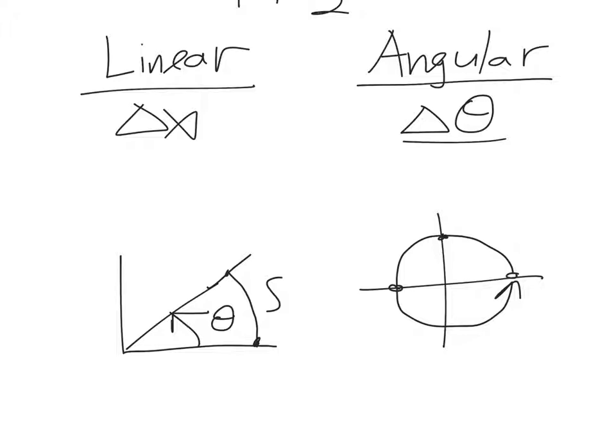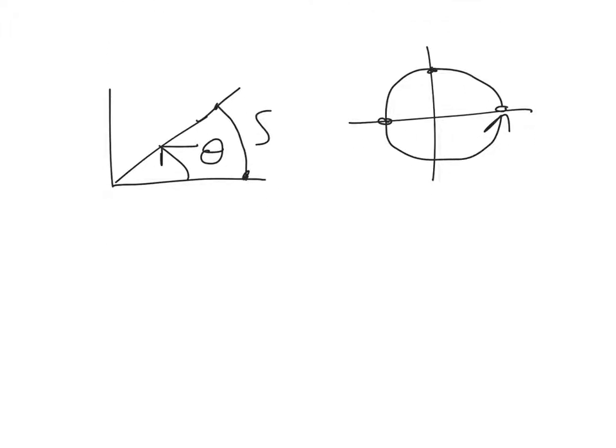Well, an arc length S essentially depends on how far out you are. If you were this little tiny arc here for the same theta, you would not be as large as if you were out here. So what we'll say is that it depends on this distance, where that arc starts. In other words, the arc length is dependent on the radius.